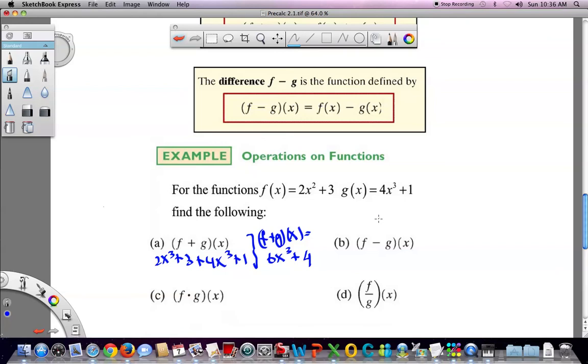If you subtract f minus g, I've got to do this in the right order. I just noticed that's a 2x squared, isn't it? I better go back and fix some things. Okay.